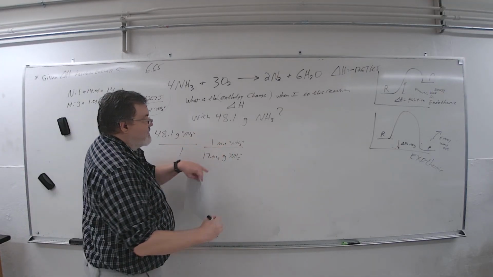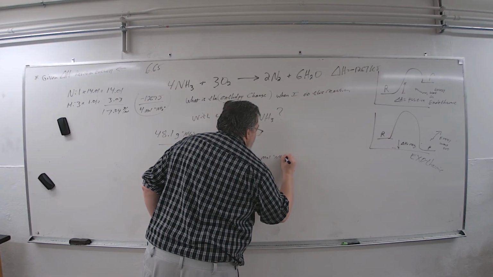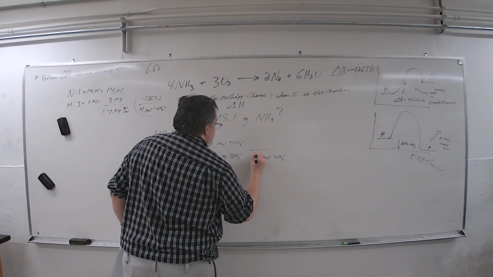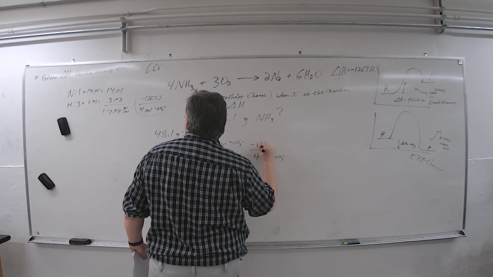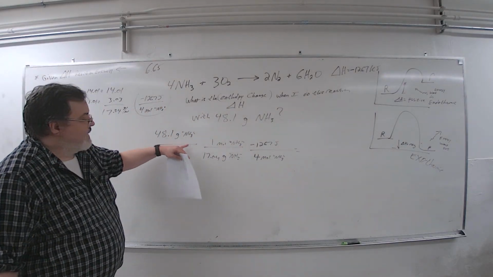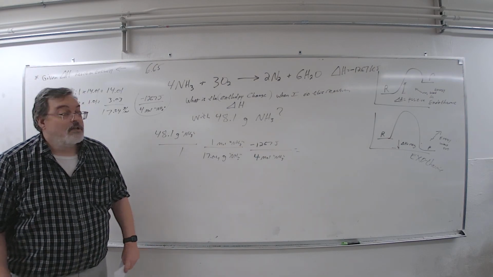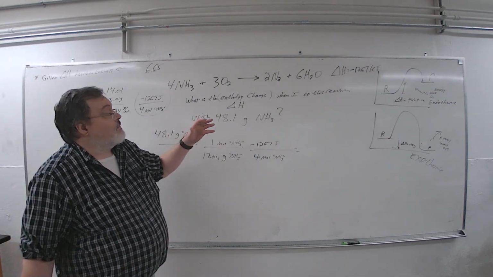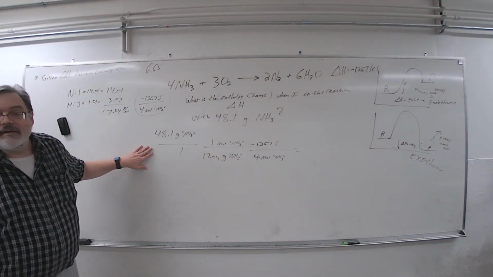Moles on top here, so moles of NH3 on bottom. 4 moles of NH3, negative. Grams cancel, moles cancel, you'll end up in joules, that's how you calculate it. So, I know I talked a lot, but assume you're given all this, and you're asked this, that's how you calculate it.